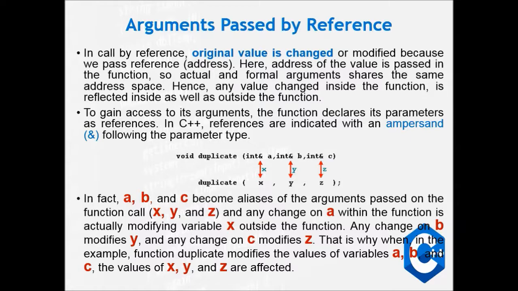For example, we have a function named duplicate with void return type, and when we define this function we write it as void duplicate, and into the parameters we use int &a, int &b, int &c.